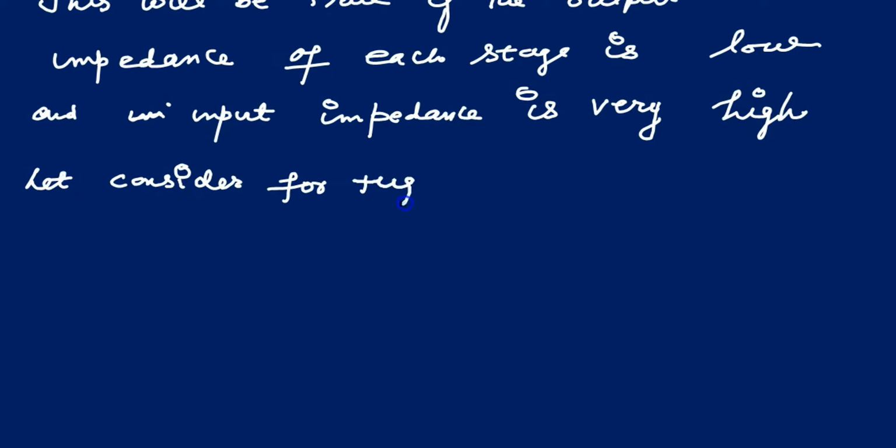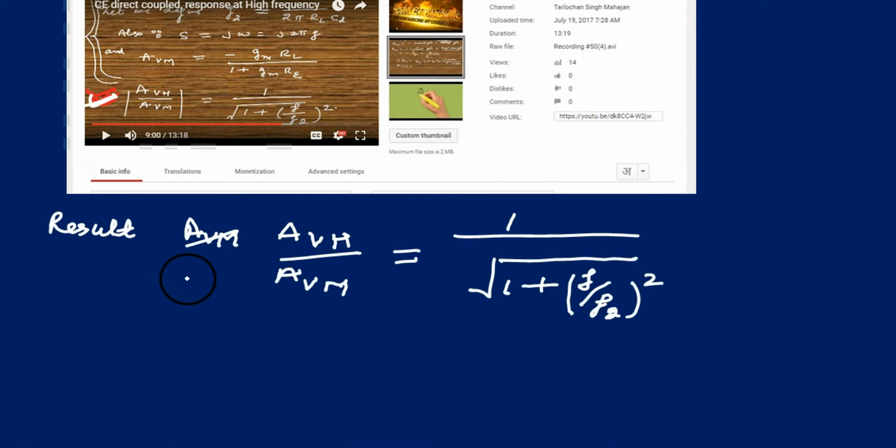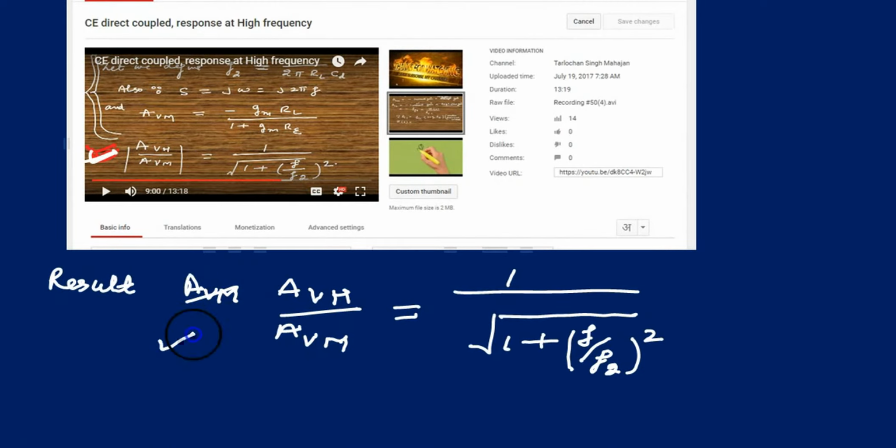First we consider the high frequency, which is F2, and we know the result. This is the result for the high frequency.